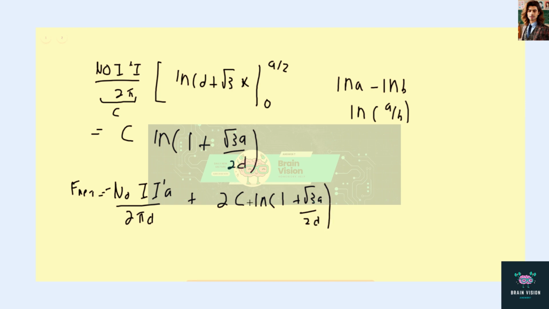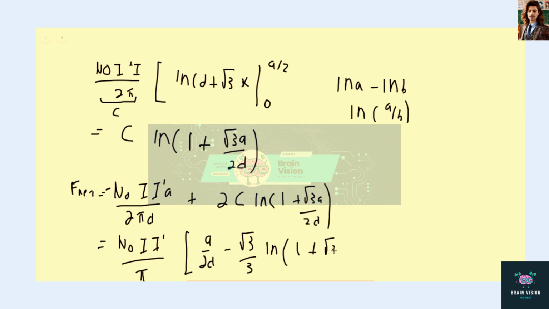And this constant c looks like it's pretty close to something we have here. So if you fiddle with that a little bit and factor things, you should be able to get this down to just I prime times pi, and then this whole thing times a over 2d minus root 3 over 3 natural log of 1 plus root 3a over 2d.